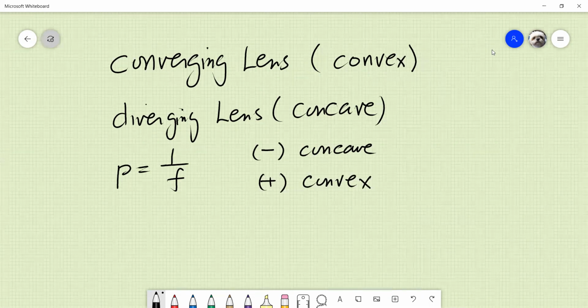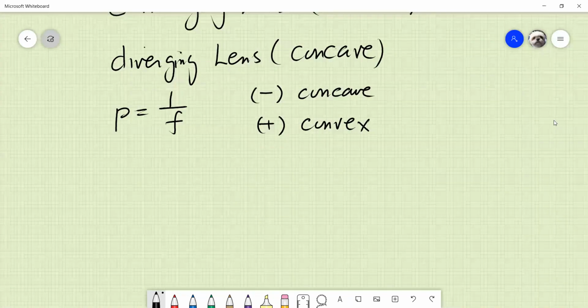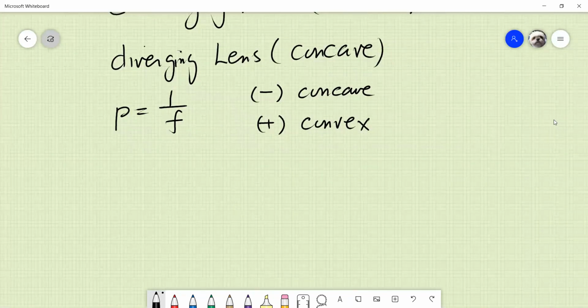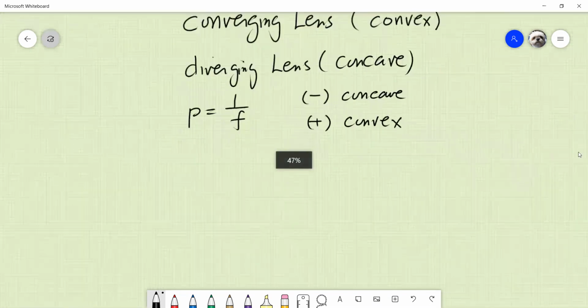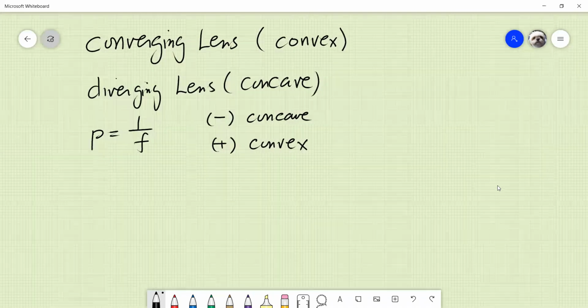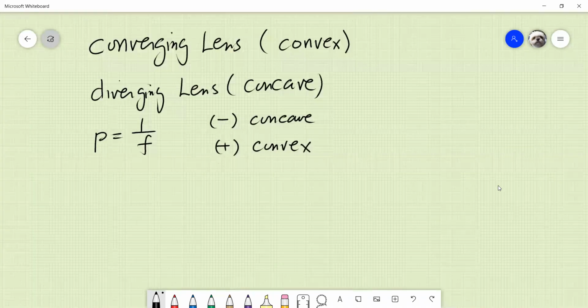Yes. Now what I'm gonna do is show you how to do the problem with the drawing and the calculation. Now the equation will be the same no matter what type of lens we have, whether a concave lens or a convex lens, and in this case, we call them the thin lens equation.